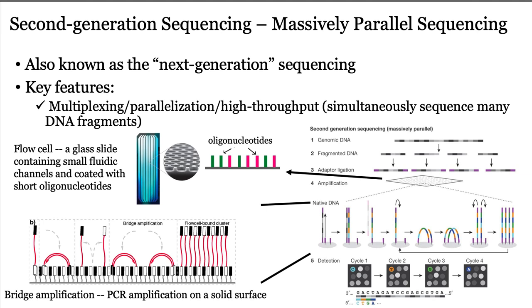So once you get this cluster, bridge PCR is only one technology we can use to generate a large amount of template. An alternative to bridge PCR is called emulsion PCR, and basically it's a PCR that happens in a droplet in oil.